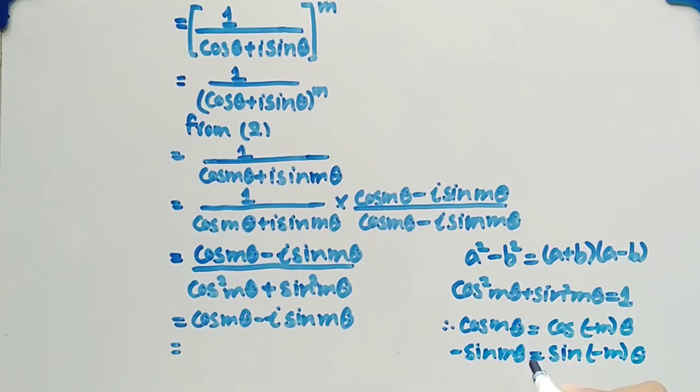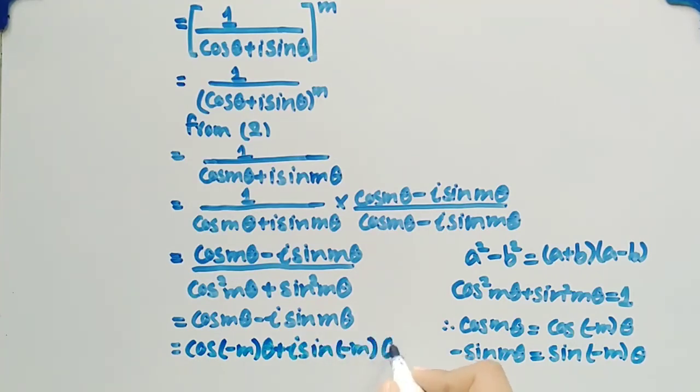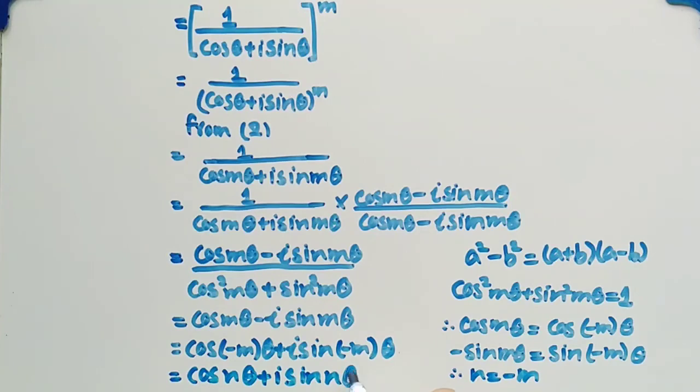So by using these two, we can write it as cos minus m theta plus iota sin minus m theta. And in the start, we have considered n as equal to minus m. So by replacing it, we get cos n theta plus iota sin n theta.